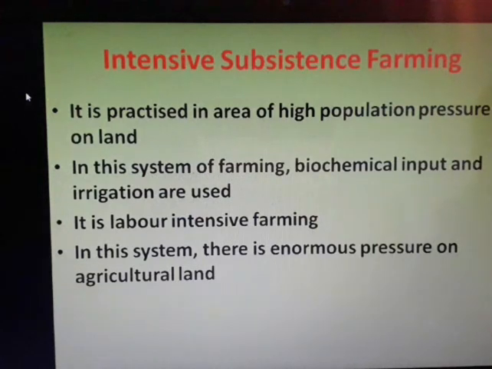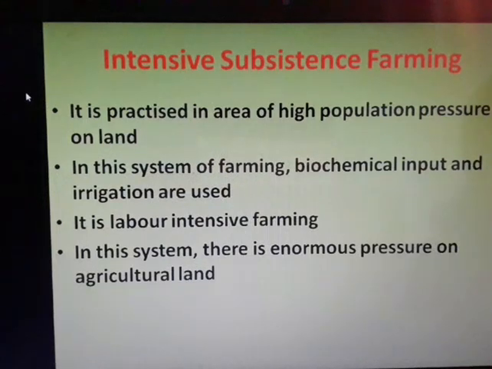In this system, there is high pressure on agriculture because of the right of inheritance. What is the right of inheritance? It leads to the division of land among successive generations. For example, if a person has 1 hectare of land and has 2 children, automatically the 1 hectare of land is divided into 0.5 hectares, and this 0.5 hectare land is again divided for their children.